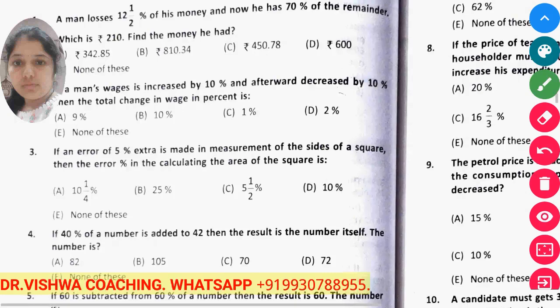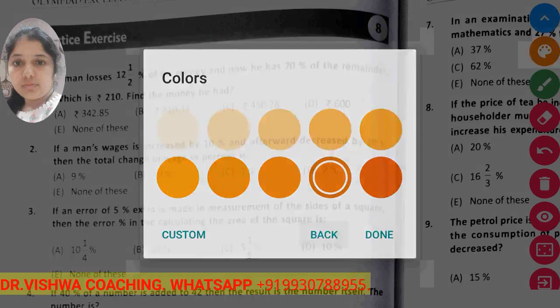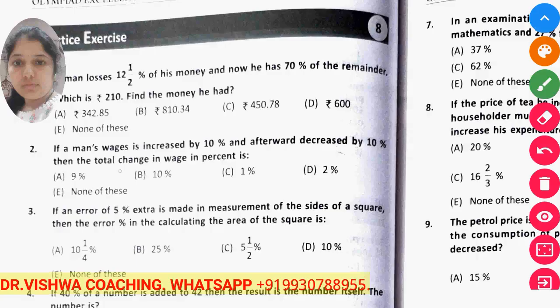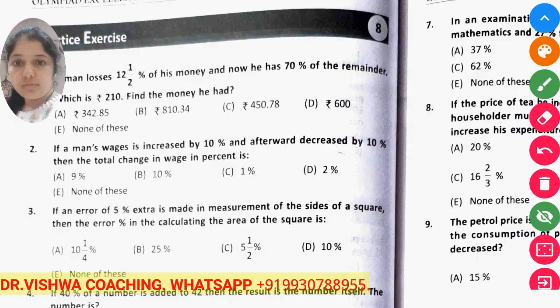Now the next question. The man's wages is increased by 10%, afterward decreased by 10%, then the total change in wage percentage is asked. Now the same thing which there in the solved problem. Now suppose see wages is 100. If it is increased by 10%, it becomes 110.